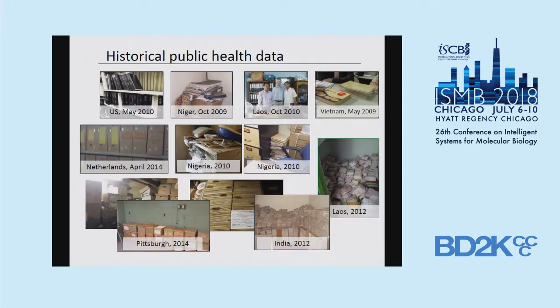Here you can see some of the work that we've done previously, going to countries in many places. You can see the archives of historical disease surveillance data in the US, in Niger, in Laos, Vietnam. Here's the Netherlands. It's not necessarily a low-income country problem. Historical disease surveillance data are notoriously badly organized.